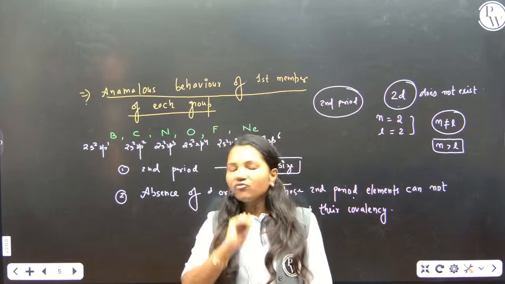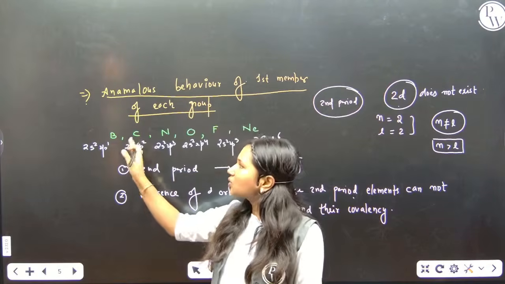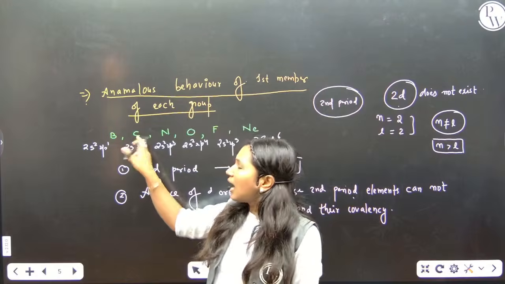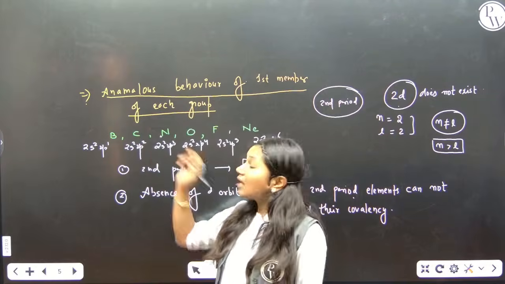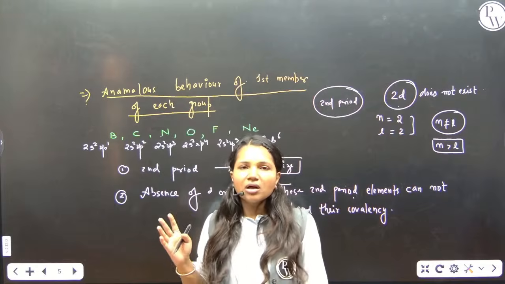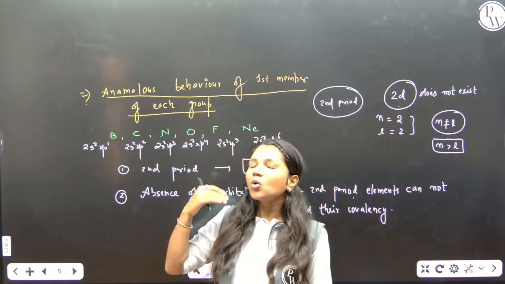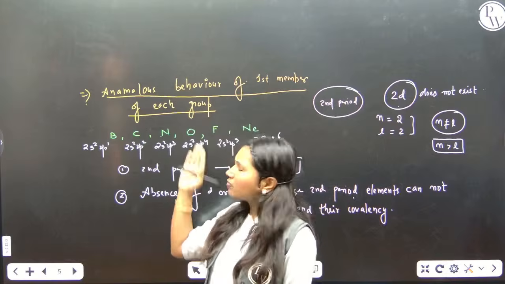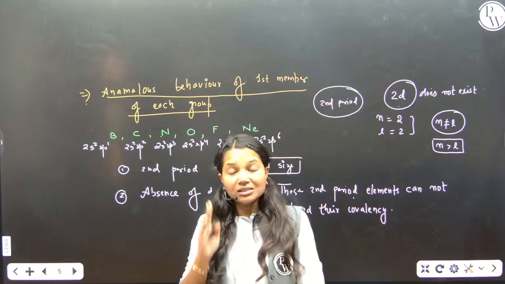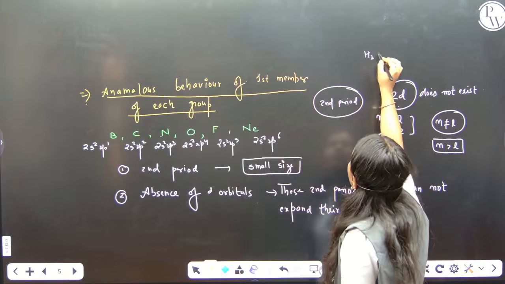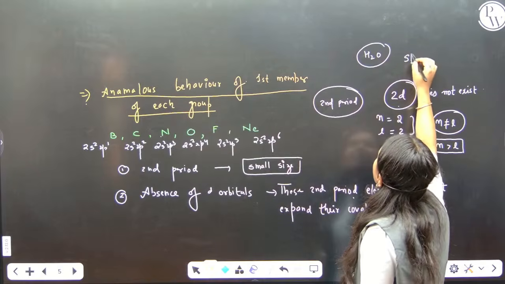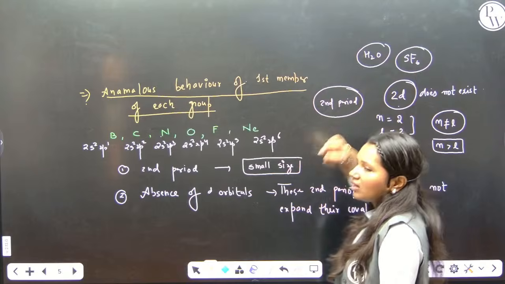Boron only forms 3 bonds, but that is not the case with aluminium. Carbon only forms 4 bonds, but that is not the case with silicon. Nitrogen forms a maximum of 4, but phosphorus can expand its covalency up to 5. Oxygen can form only 2 bonds, but sulfur, the same group element, can expand its covalency up to 6.